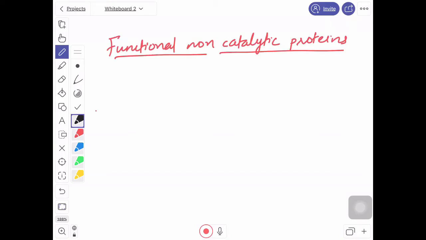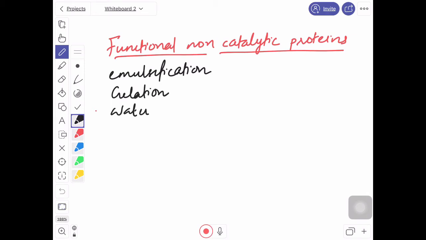Several proteins of this kind have properties such as emulsification, gelation, that means formation of gel, water binding, foaming, whipping.